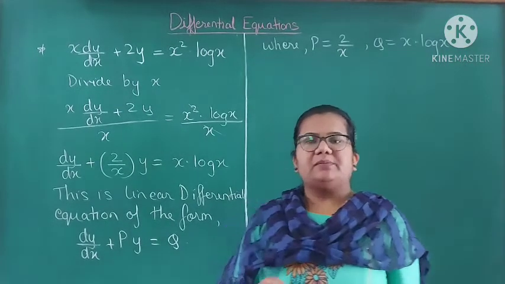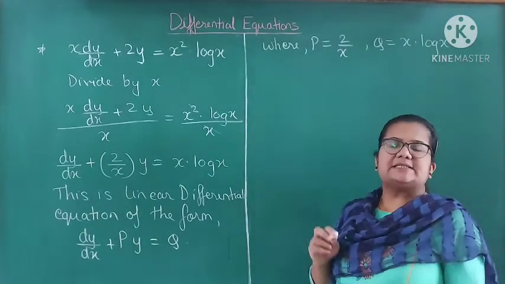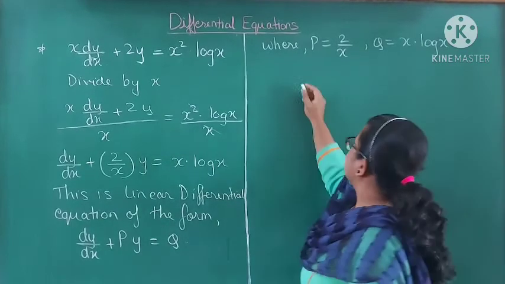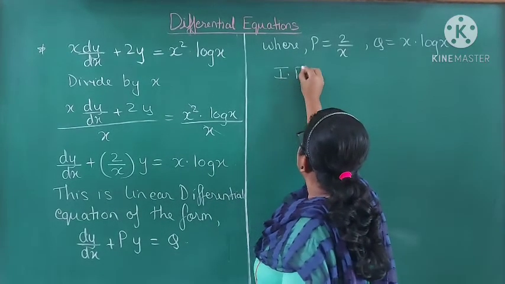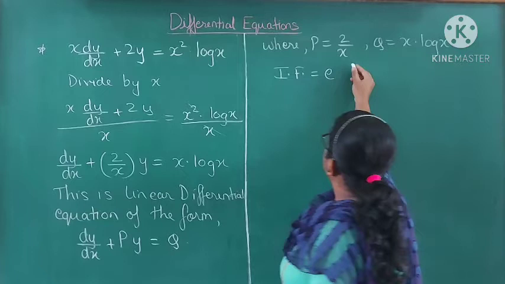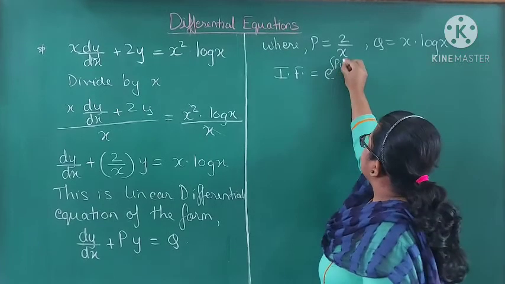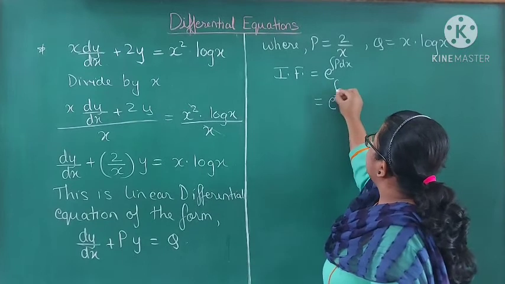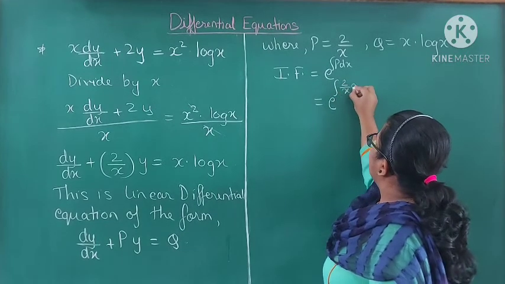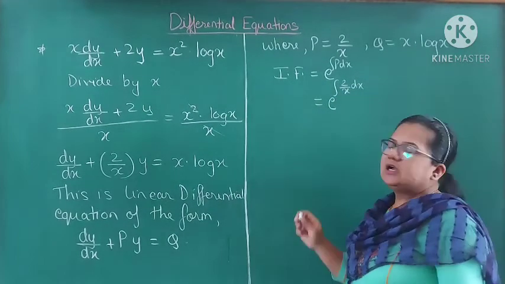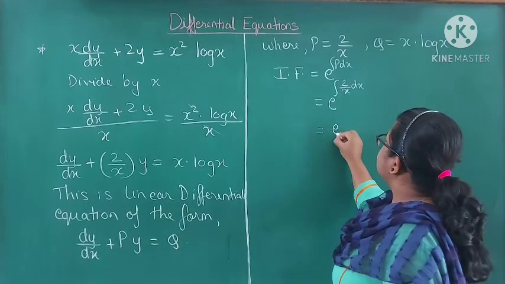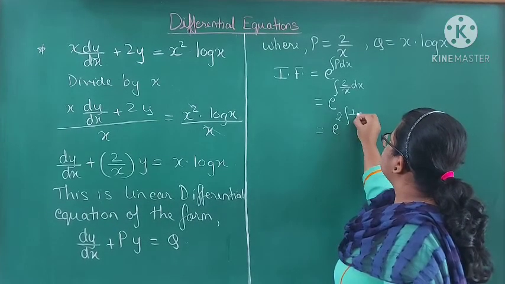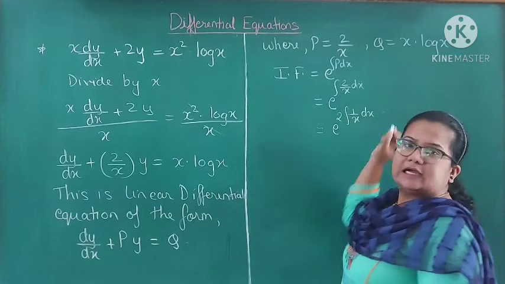Now what is the next step? After finding p and q, our next step is to find the integrating factor. So the integrating factor is equal to e raised to the integration of p dx. So that is e raised to the integration of 2 upon x dx. 2 is a constant, so it is e raised to 2 times the integration of 1 upon x dx.